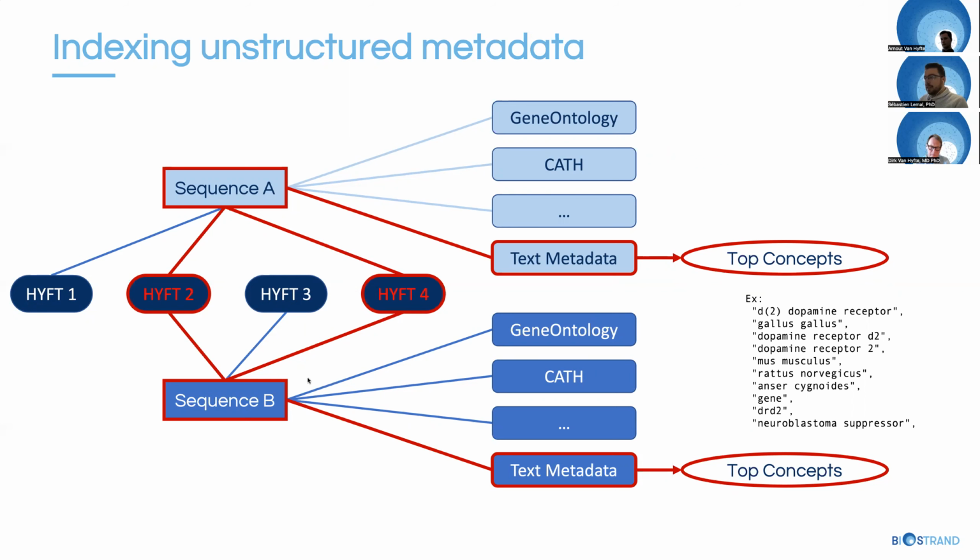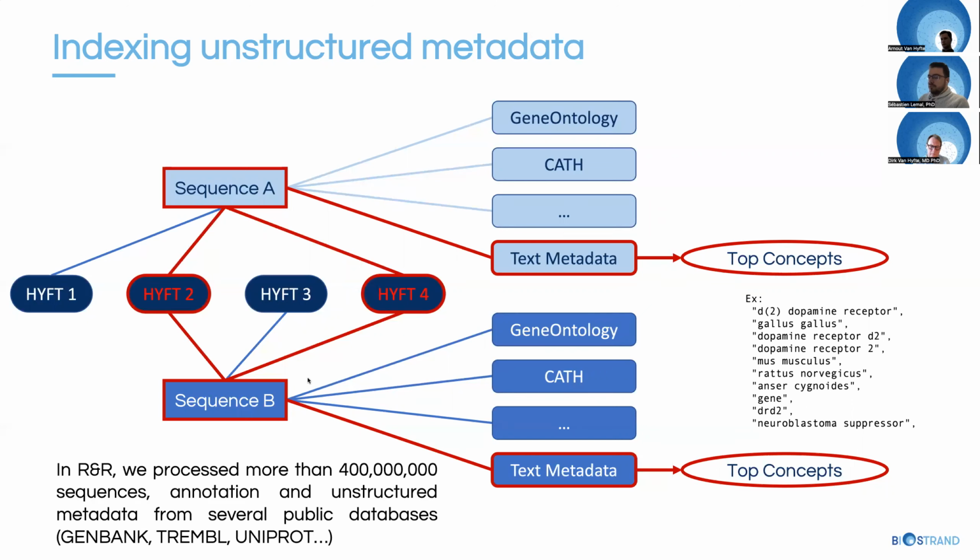What is important to remember is that in Retrieve and Relate, we have done this process for more than 40 million sequences from several public databases like GenBank, TrEMBL, and UniProt. It's also possible to perform this ingestion on private data that you can upload.